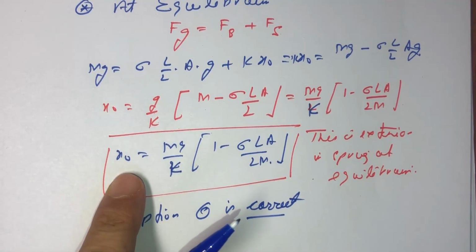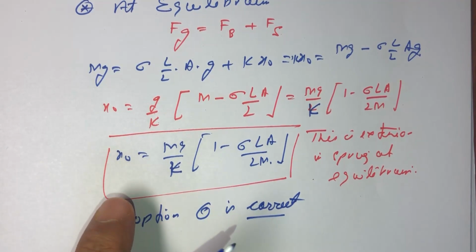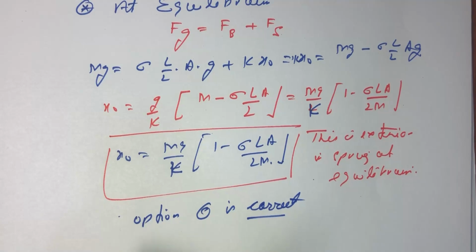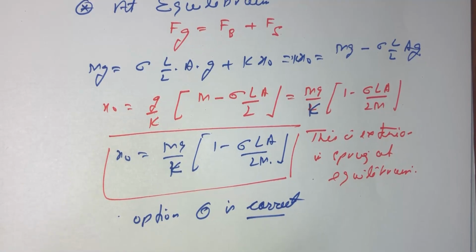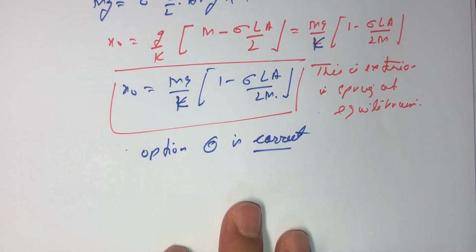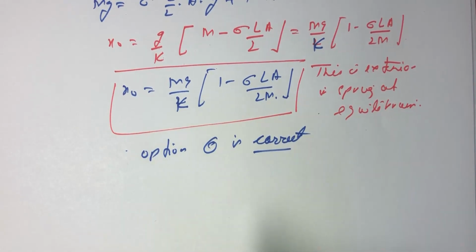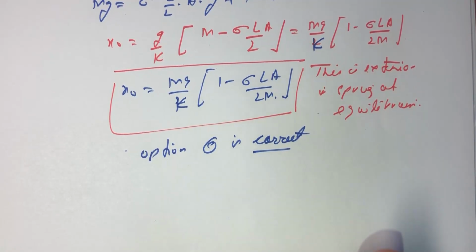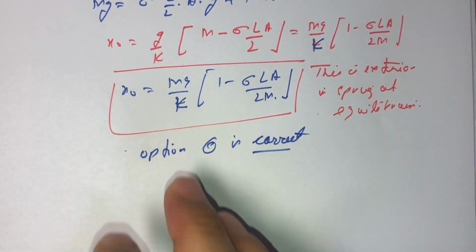The position x0 is the position of equilibrium, and after this position of equilibrium, if the cylinder is slightly displaced further by a distance of x, then the cylinder is going to execute an SHM, and we can find out what will be the frequency of that SHM. Let us consider a further modification, and we can also find out kinetic energy, potential energy, as well as work done by the spring, or we can also find out the power delivered by the spring. So these are a few variations which we can do in this question.